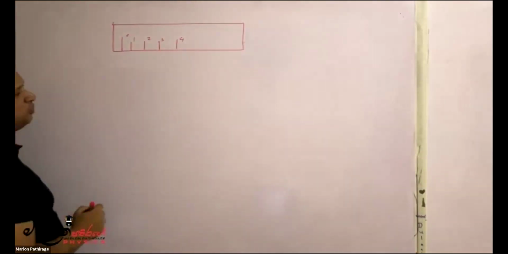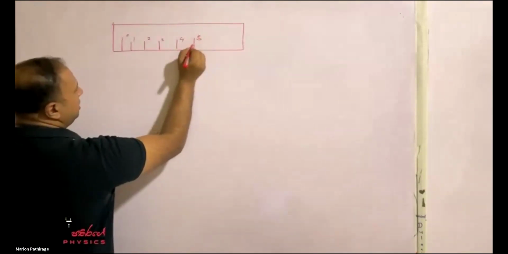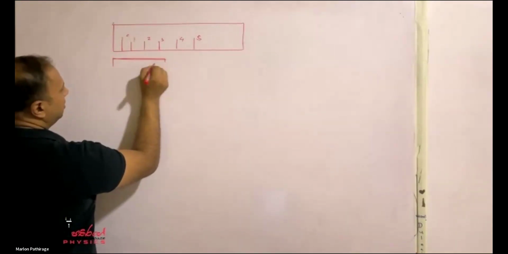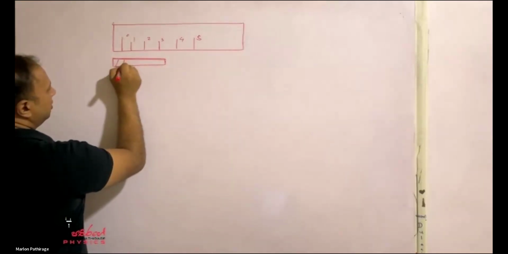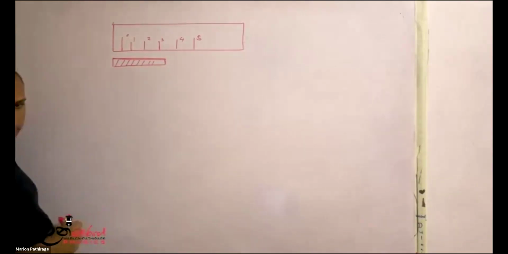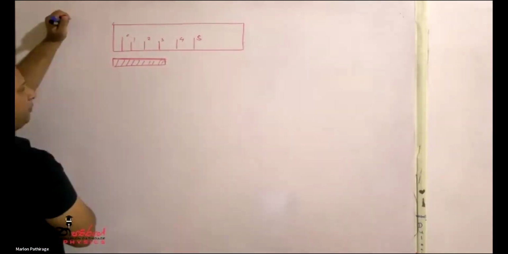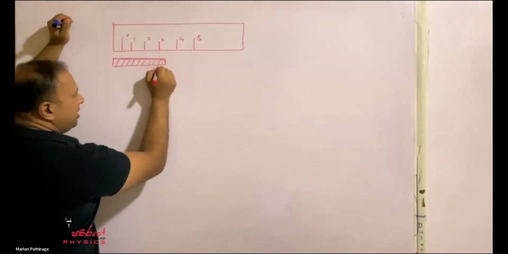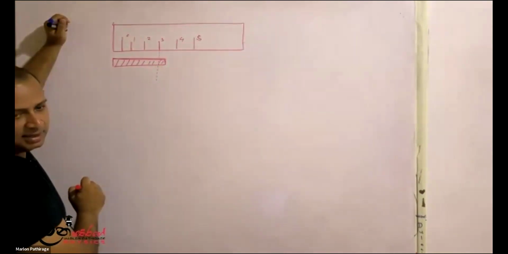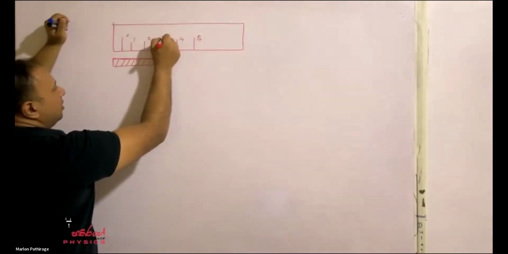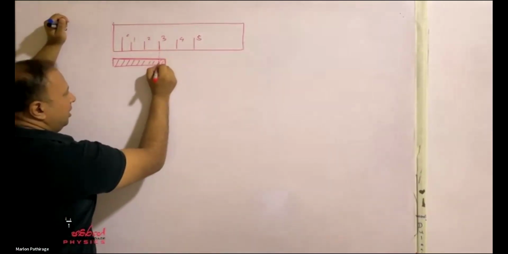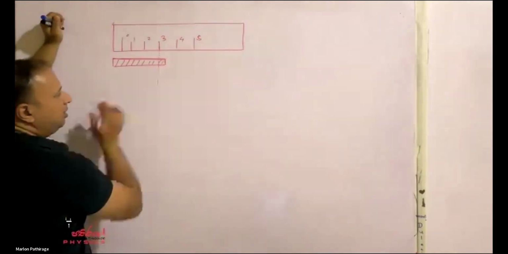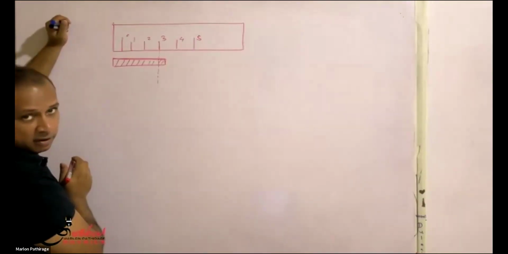Suppose we are going to measure the distance of a rod. If we want to measure the distance of the rod, we can measure the exact distance only up to the third reading. But we cannot get the reading of this remaining part.